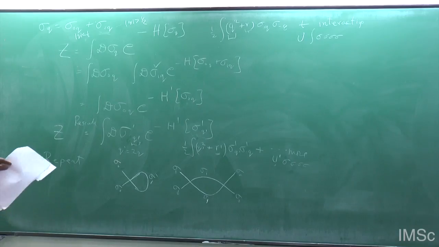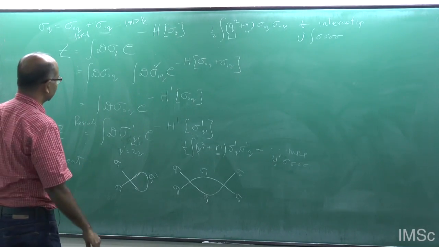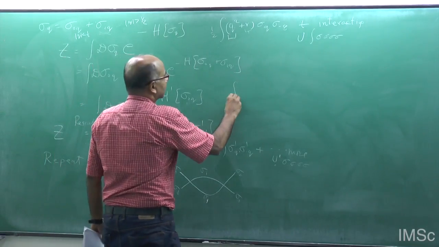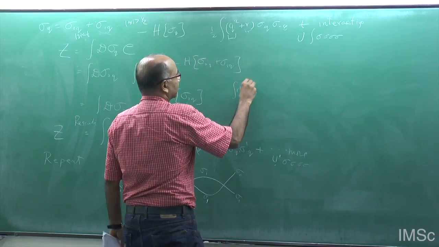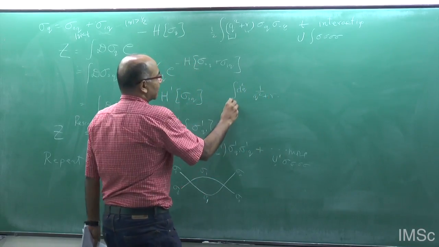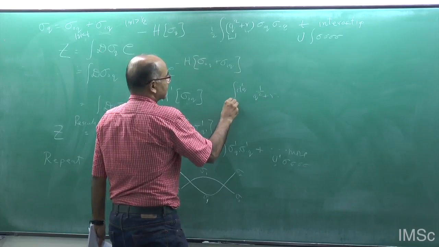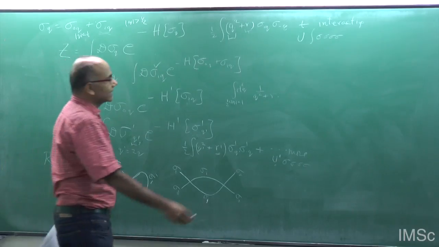And we did the diagrams in some very crude approximation. So you had some diagrams like the integral d^d q, 1 by q squared plus r, where half is less than q is less than 1. And we just did an approximation.